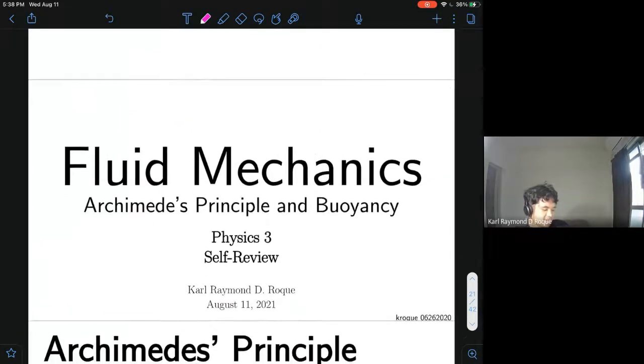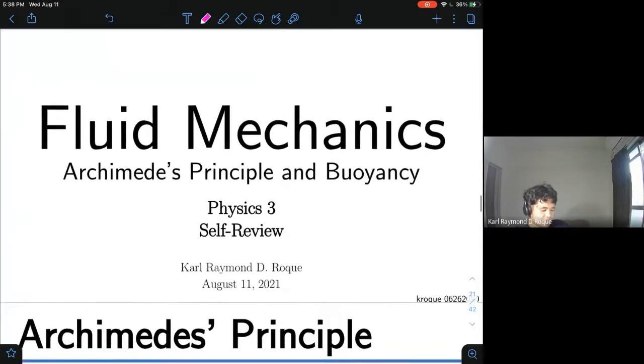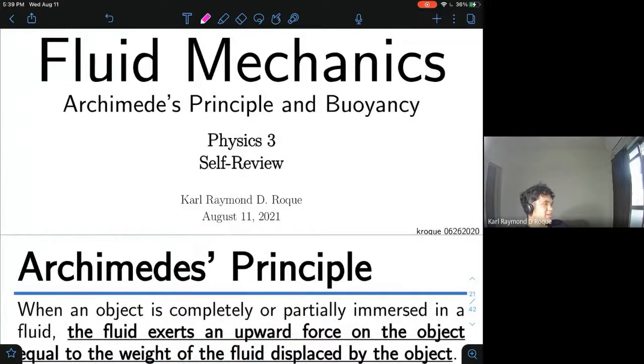Anyway, we can continue. So now, Archimedes principle. Kilala niyo naman siguro si Archimedes, no? Siya yung matalinong nag-discover kung ano yung totoong density ng gold. Parang ganun yata. Like, may dalawang crown, tas yung isa fake, yung isa totoo.